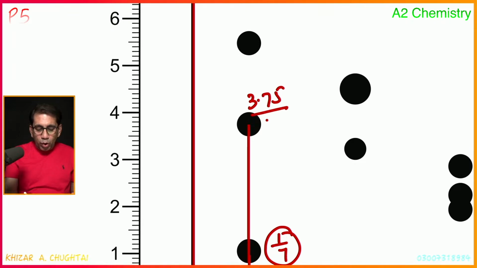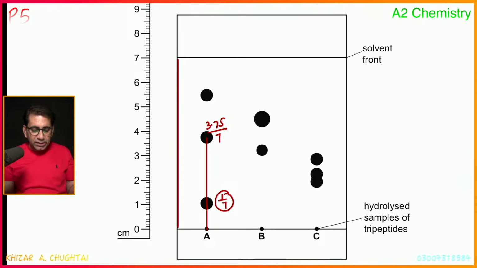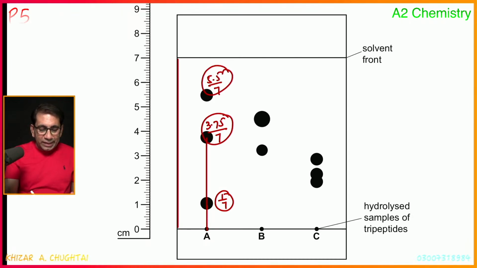So 3.75 divided by 7, where 7 is the distance traveled by the solvent front. Now come towards the third spot, and its center is almost over here at 5.5. So it's 5.5 over 7. These are the RF values of these spots.